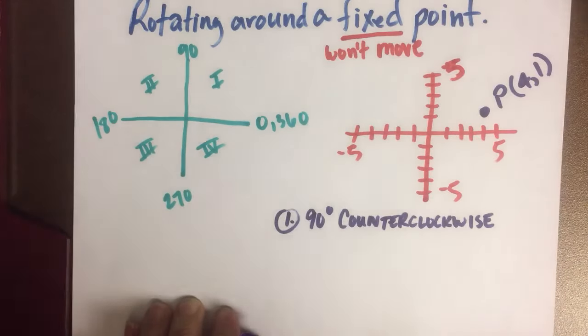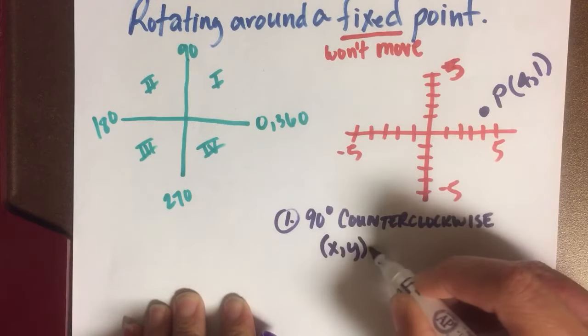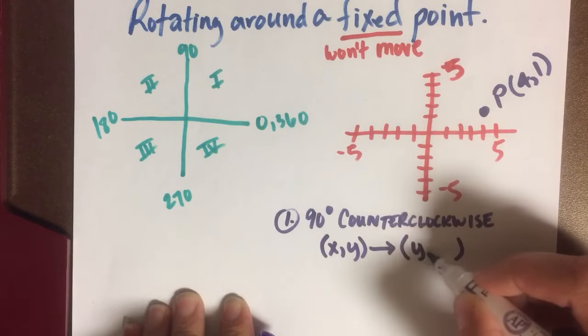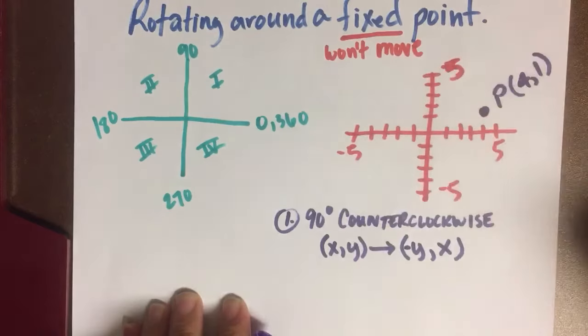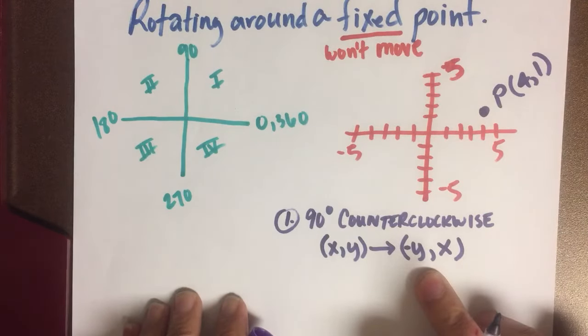There's a rule that we use for the rotations. When you rotate it counterclockwise, you flip the Y and the X, and the value that was in the Y place becomes opposite. So that's going to be my new point.